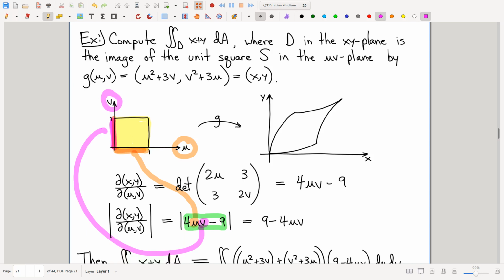And now, casual glance at our formula. I have 4 times something small times something else small, minus 9, right? There's no way that's ever going to be positive. Is that cool? Okay. All right.